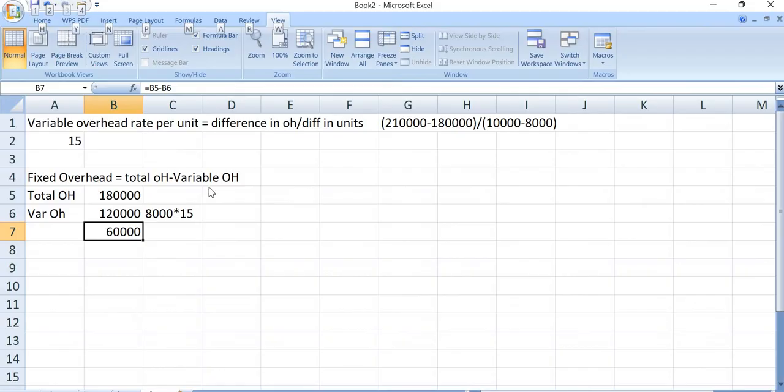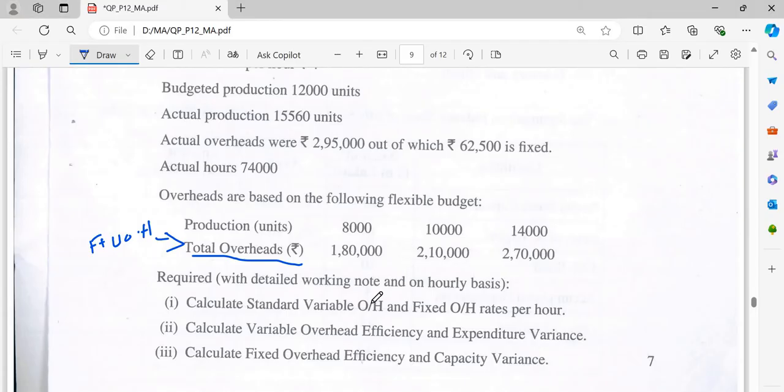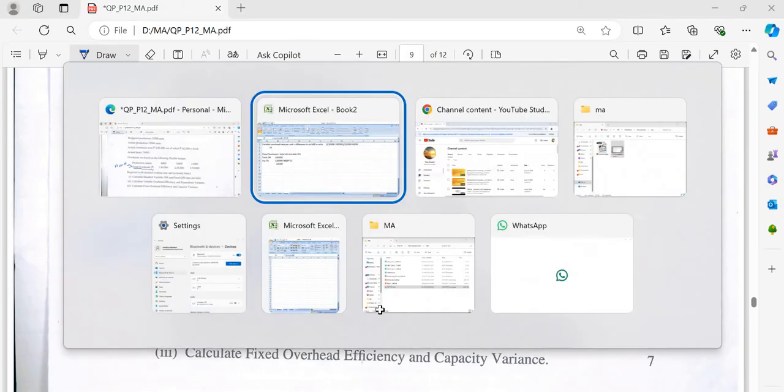Then what I need to calculate: standard variable overhead rates per hour and fixed overhead rates per hour, they have asked, right? Then we need to calculate variable overhead efficiency, everything. So here variable overhead rate per hour, first we need to calculate.